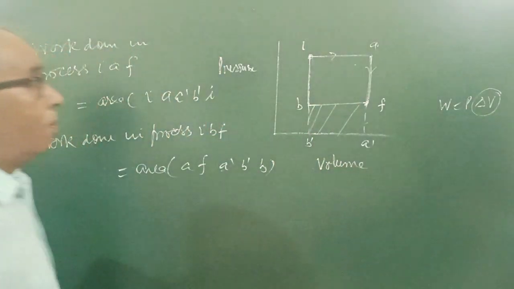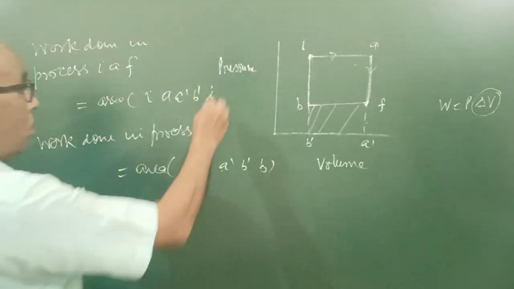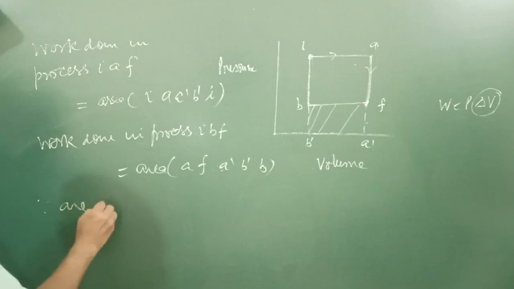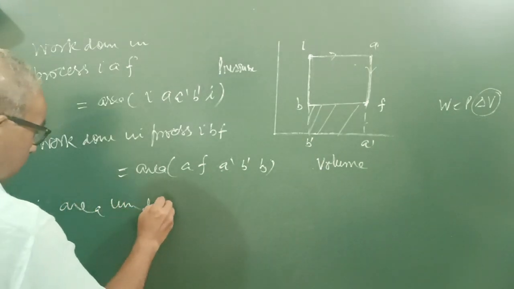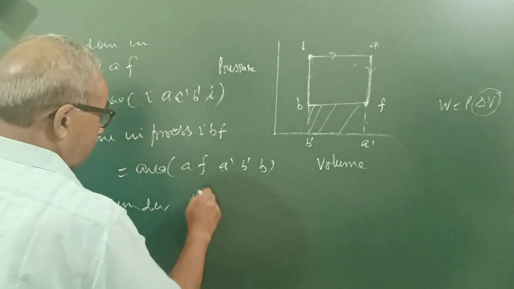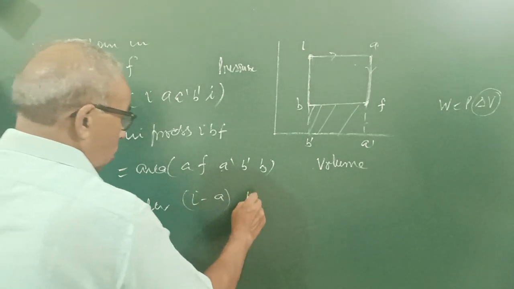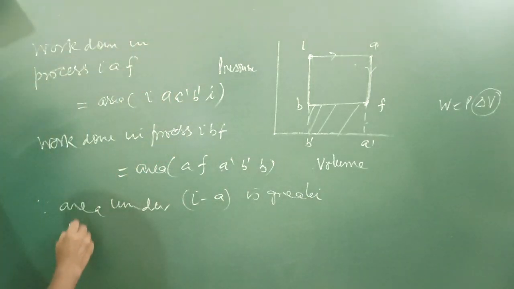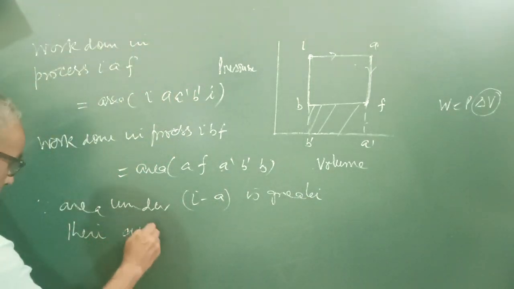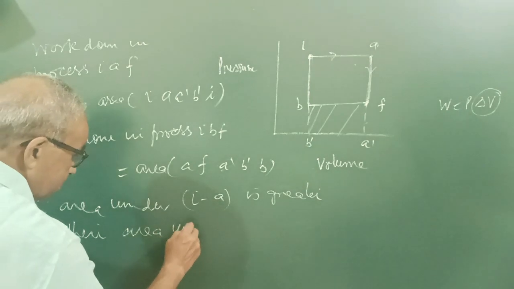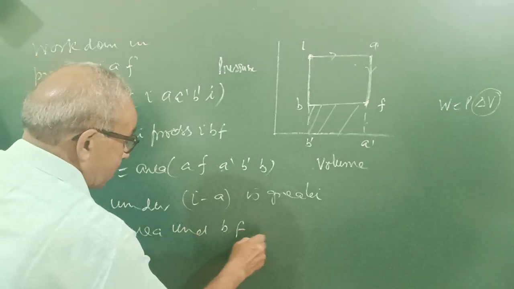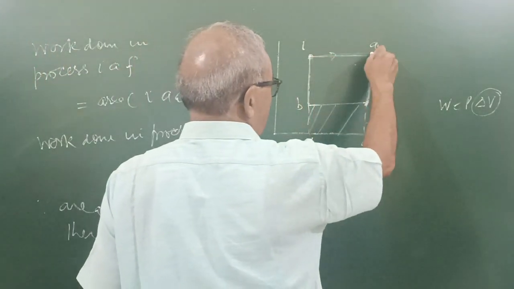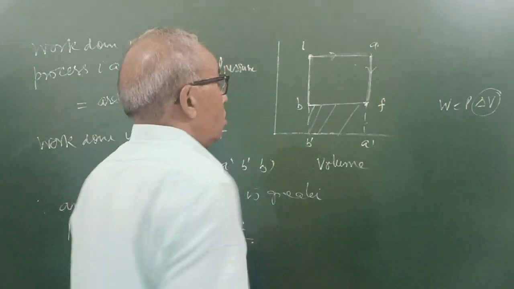So apparently, since the area under IA is greater than the area under BF line, the work done in process IAF is greater than in IBF.